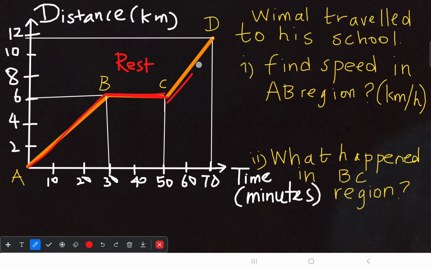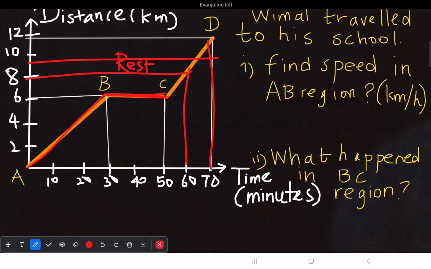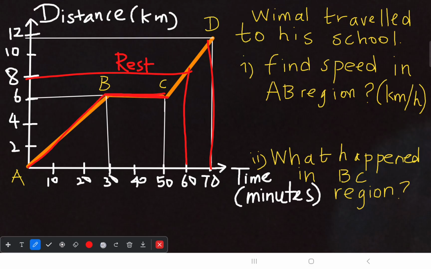Then we will analyze the CD region. Here, when the time is increasing, the distance he traveled is also increasing. Here also he is going with a constant speed.